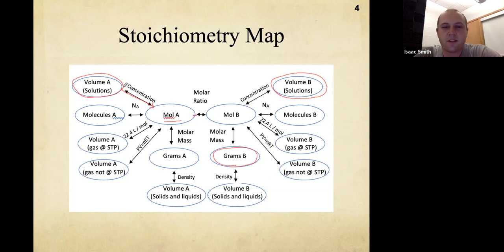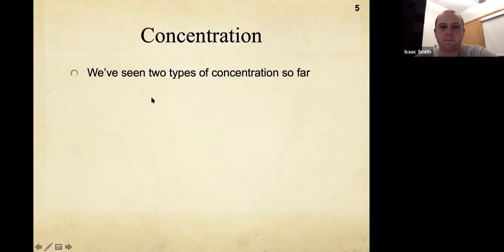If we have the concentration, we can go to moles of A. If we have the chemical equation, we can use the molar ratio to go to moles of B. And from moles of B, we can go down to grams of B using the molar mass. So adding these in, we should be able to convert from volume of solution to moles using concentration.